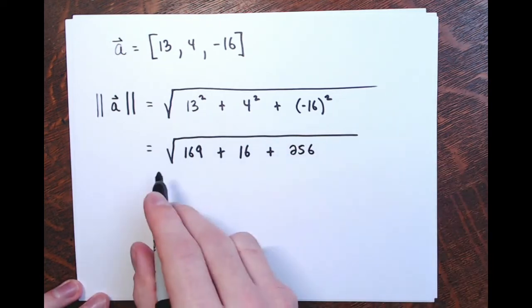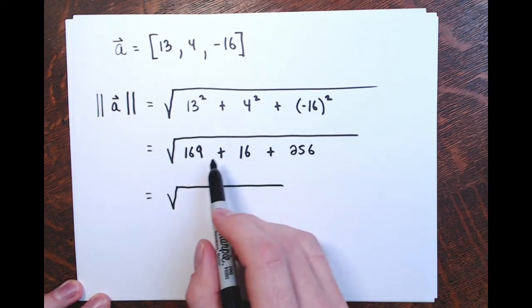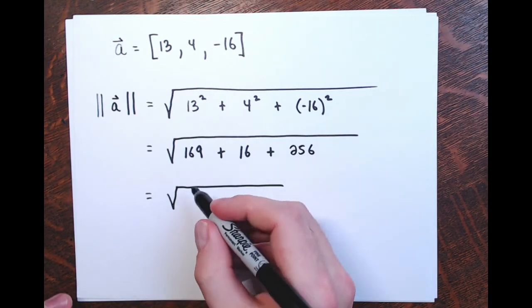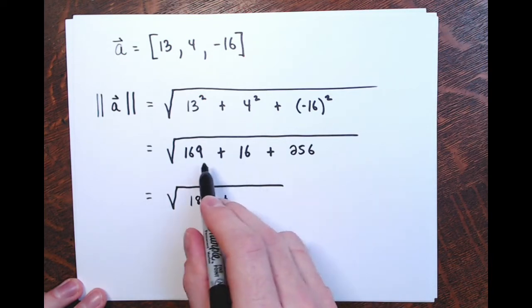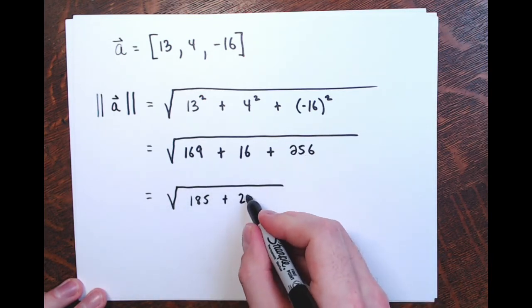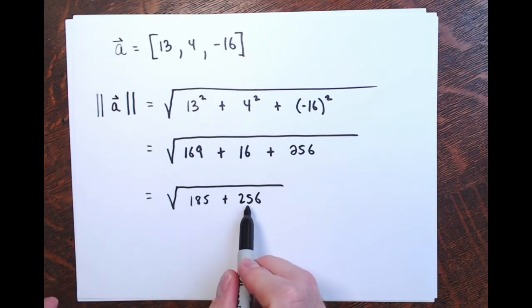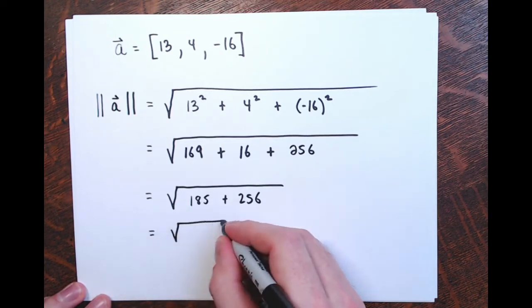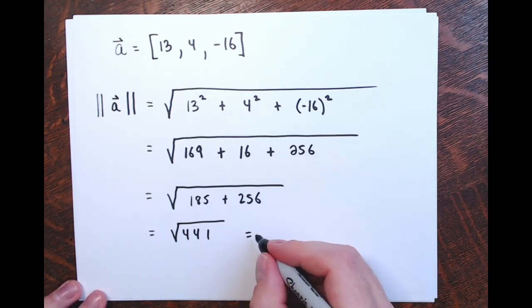Adding these up, we have the square root of this sum. 169 plus 16 would be 185, plus 256. So that's 300 plus 130, so 430, plus 11, is the square root of 441, which I believe would be 21.